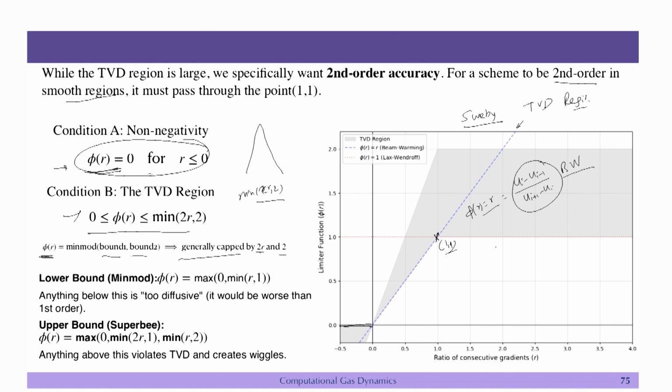And if you take phi r equal to 1, which we discussed earlier, this is the line that will give you the Lax-Wendroff scheme, right. And then we will have the maximum slope, which we discussed, that phi r is equal to 2 r, which is this line. And finally, we also have that it should not exceed 2, right. This is the 2 axis.